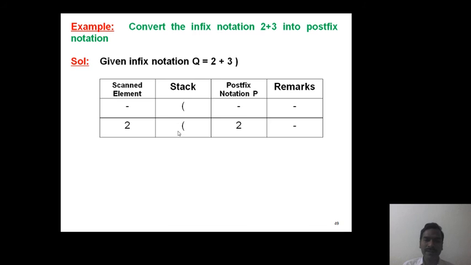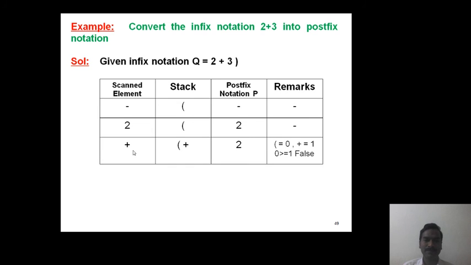Now for the next step, the stack is not empty. Hence the next scanned element is plus. Plus is an operator. Hence in the remarks column, first note down the precedence of plus. Plus precedence is 1. Now delete one element from the stack.